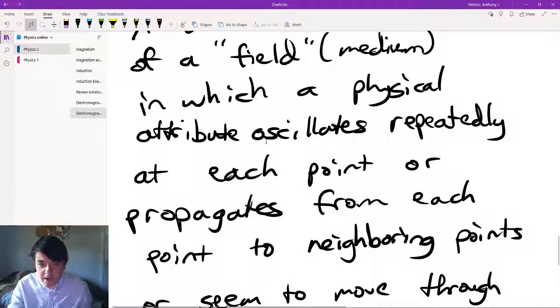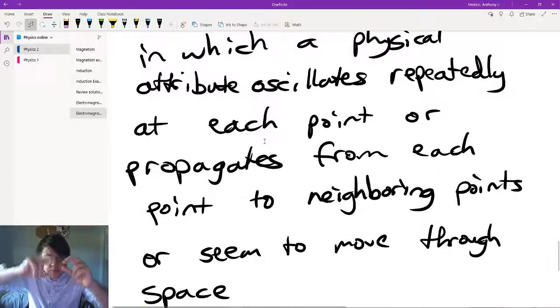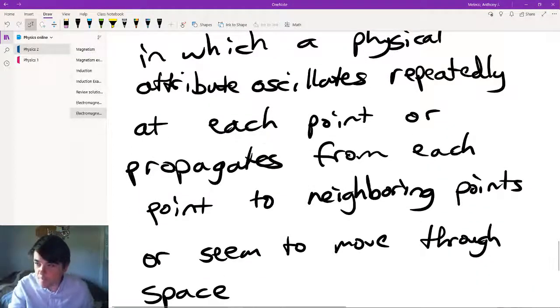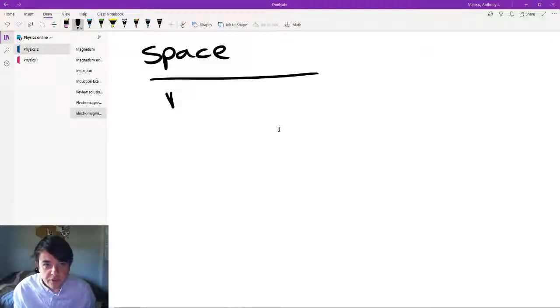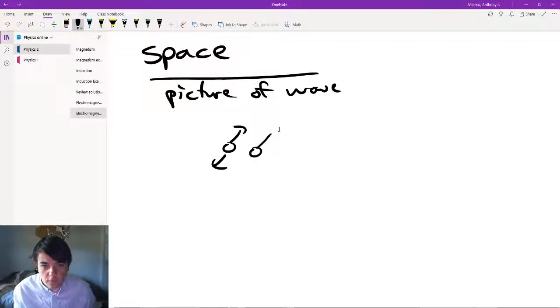And when it does that, it causes the point next to it to oscillate back and forth. You can just imagine this particle moving back and forth, which causes this one to move back and forth, and this one, and this one.